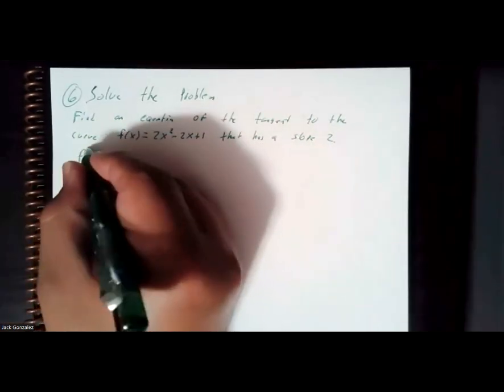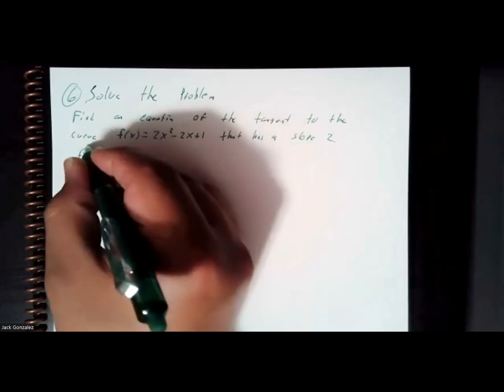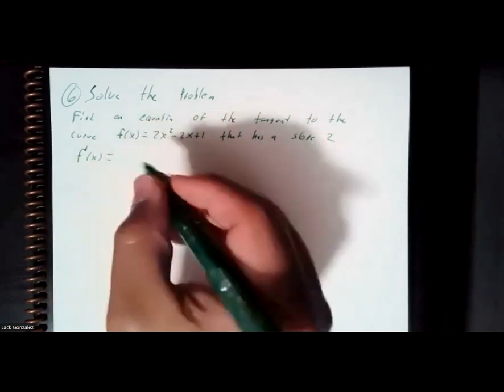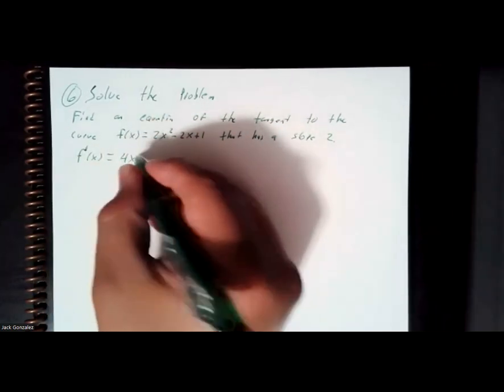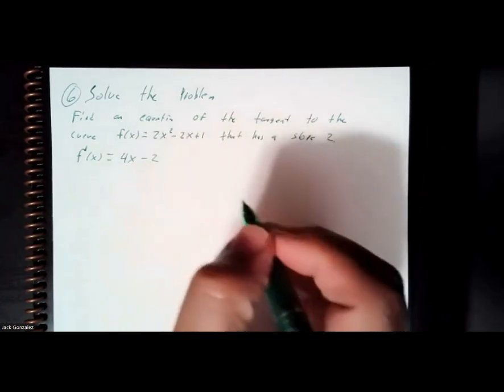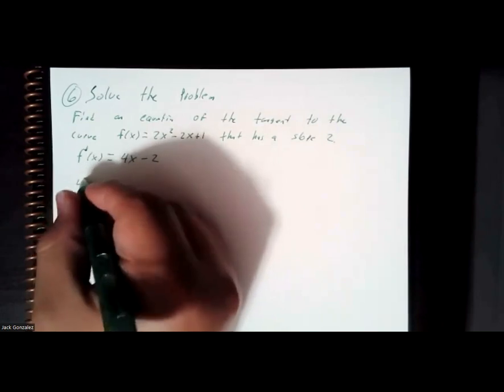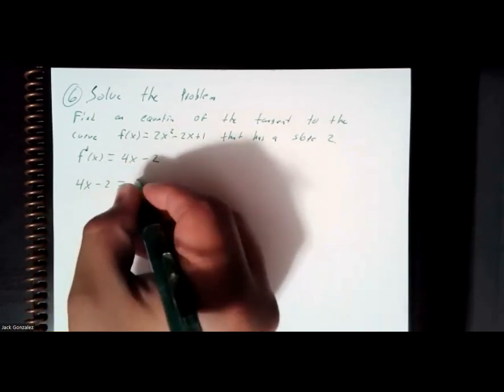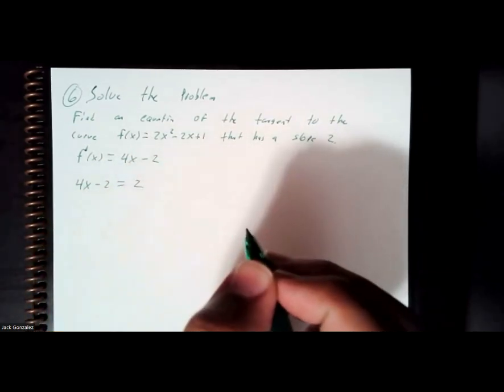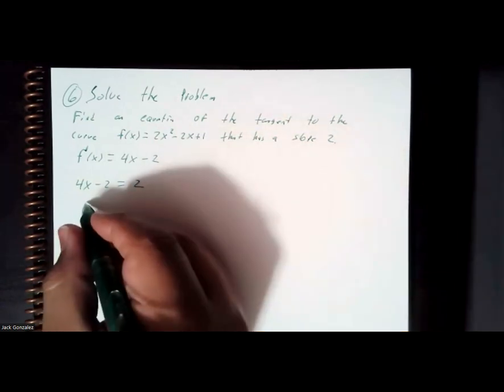So the derivative of f is equal to 4x minus 2. Set this guy to 2. Solve for x.